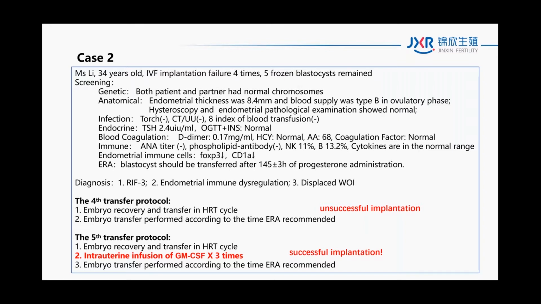Then for the 5th transfer, we performed 3 times intrauterine perfusion of G-CSF during the FET cycle, then transferred according to the ERA and she was successfully pregnant. Now the patient has been pregnant for 20 weeks and everything goes well. Therefore, we can conclude that endometrial immunotherapy can be supplemented for patients who failed implantation after ERA.